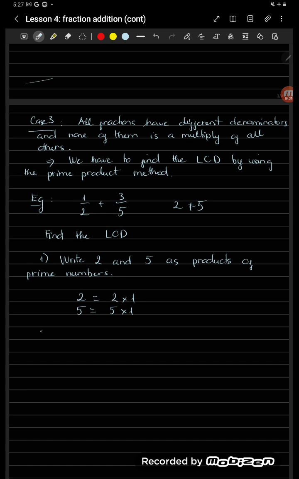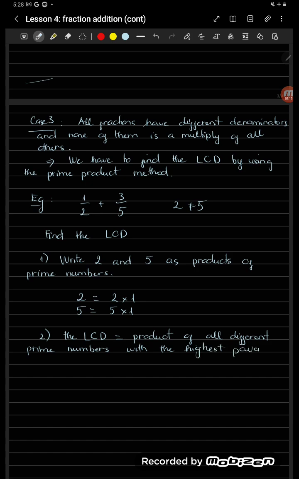So step 2: the least common denominator will be the product of all the different prime numbers with the highest power.